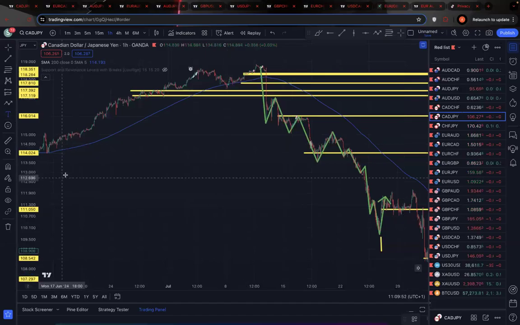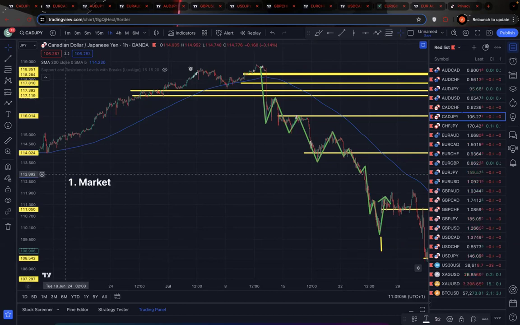One thing we can all agree on is that the market moves in an unequal wave. You understand? So, the market has three phases.